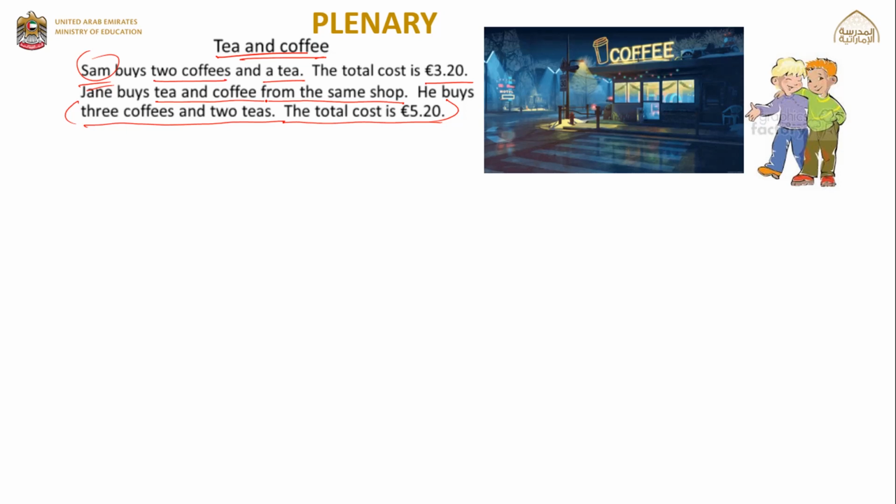Okay, so what are we supposed to do now? Using the information of Sam and Jane, you're going to find the cost of a tea and a coffee. So, before we move on with our solution, you have to label some variables for tea and coffee, right?